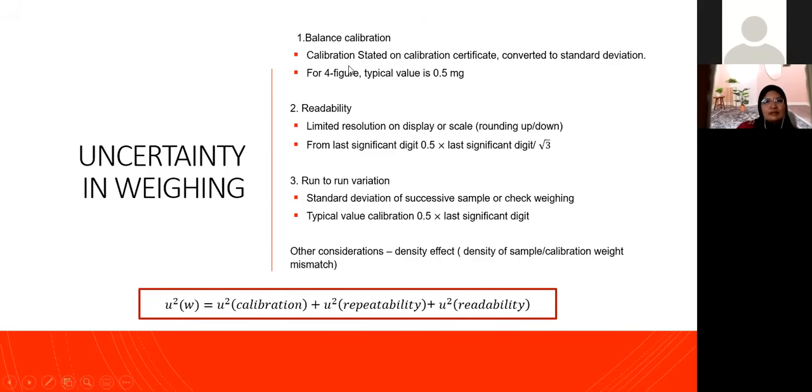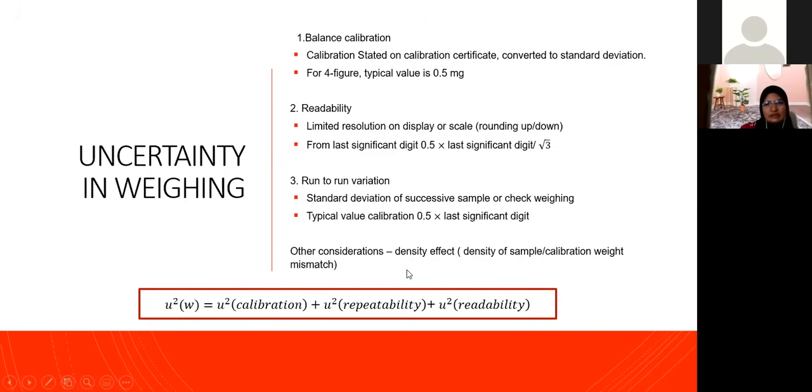Balance calibration is stated on the calibration certificate, converted to standard deviation. Readability is limited resolution, which you can get from the instrument, if I'm not mistaken. Run-to-run variation is the standard deviation of successive samples of check weight. Alright, so this is the formula.